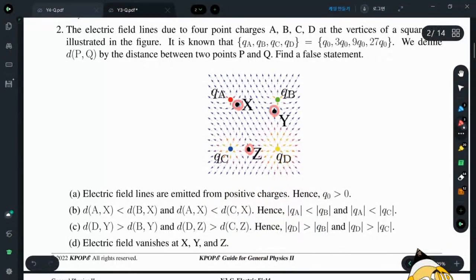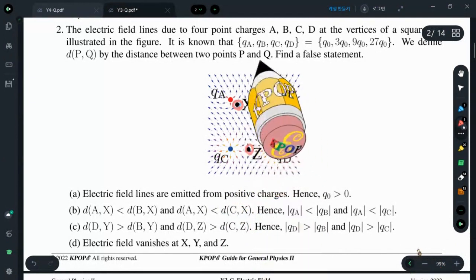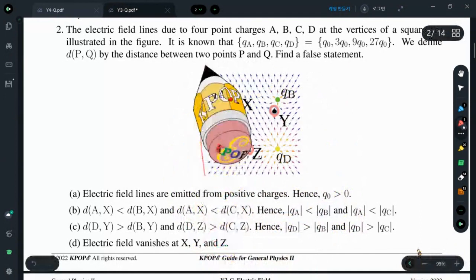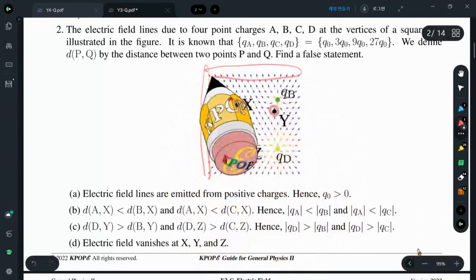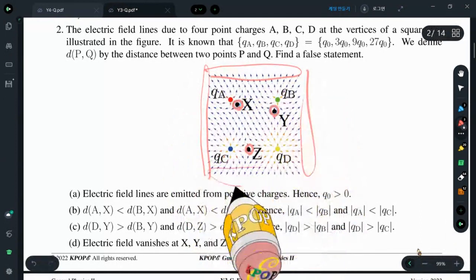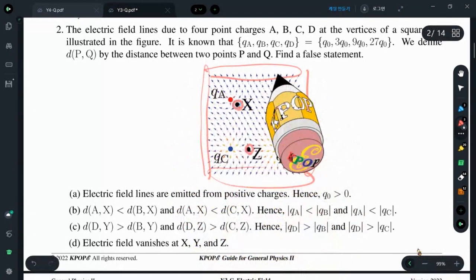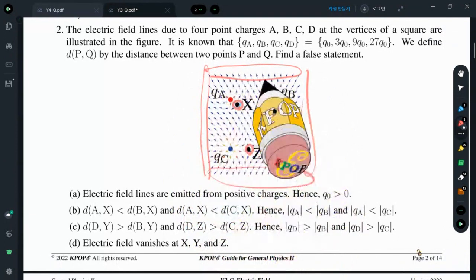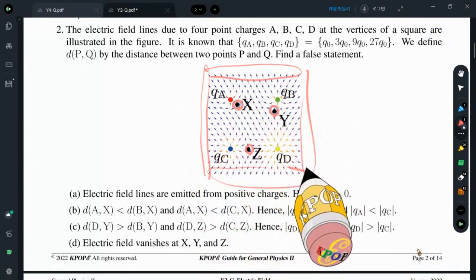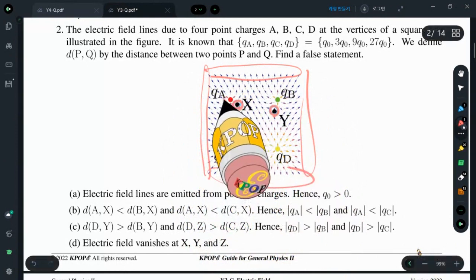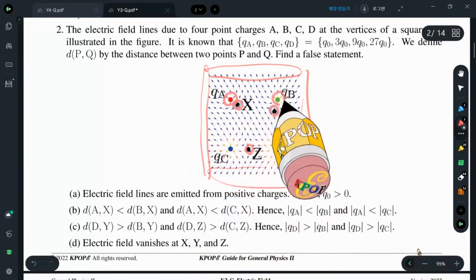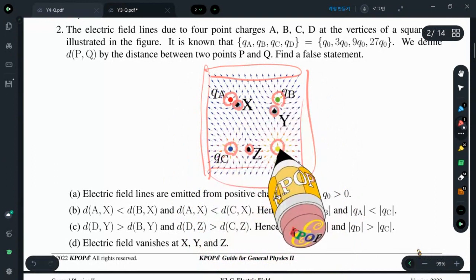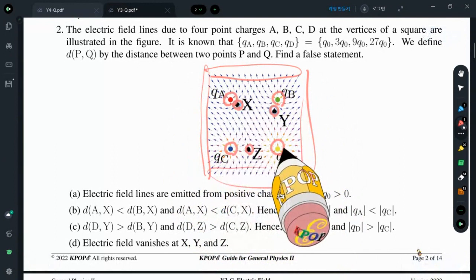First of all, very far away from the four charges, we notice that the electric fields are all going out of these regions. Therefore, the sum of the four charges is positive. In addition, everywhere near every charge, electric fields are coming out of those charges.